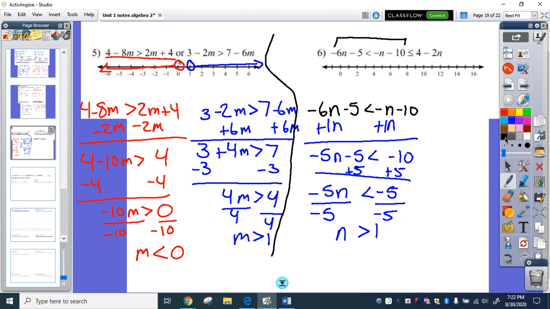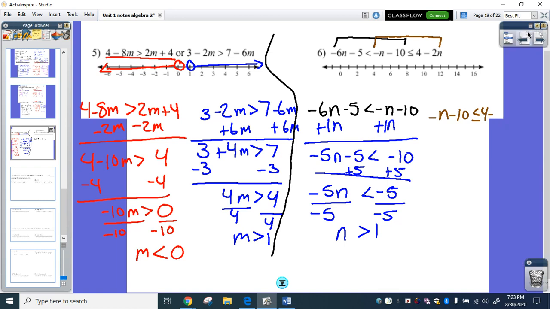Now, if we want to work the other side of this, we're going to start from here and work to the end. So we'll have negative n minus 10 is less than or equal to 4 minus 2n. So if we wanted to solve this, I would suggest we add the 2n to both sides.